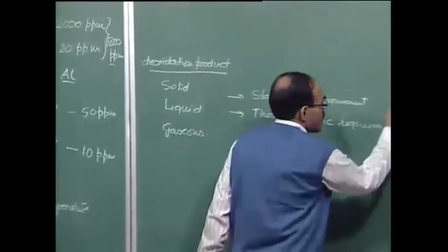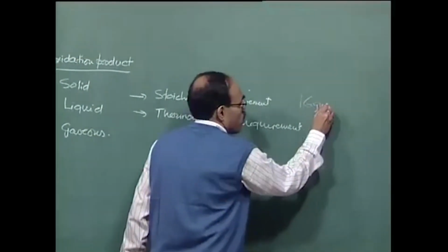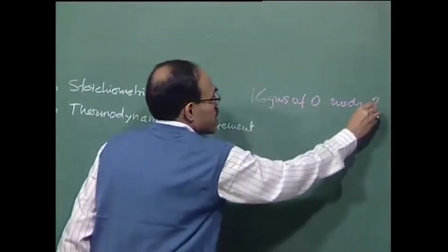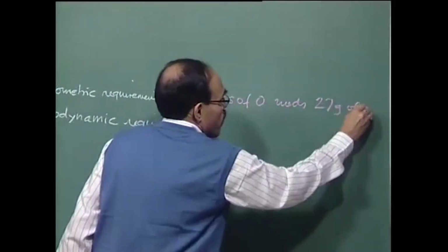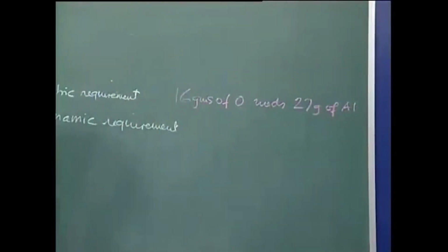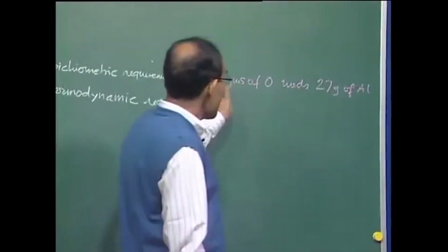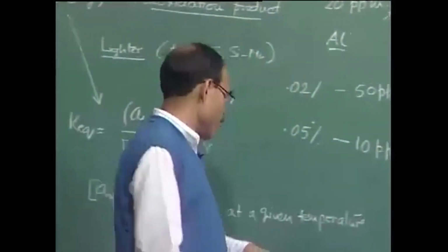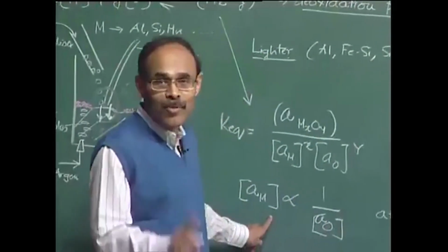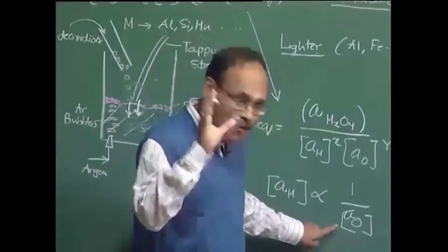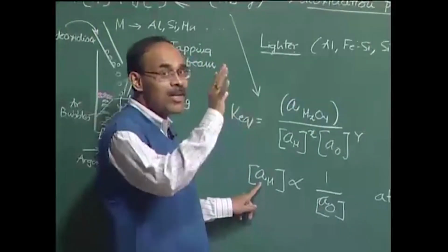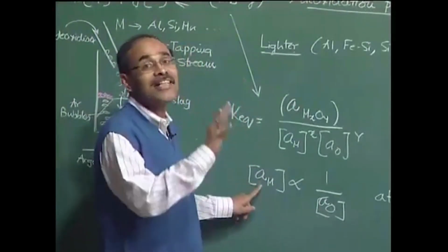16 grams of oxygen needs 27 grams of aluminum, and on the basis of this you will be able to carry out the calculation. So beyond this stoichiometric requirement, we have another requirement to fulfill, and that is the thermodynamic requirement, because I mentioned to you that for a given level of final oxygen, there is going to be some equilibrium aluminum content, or deoxidizer content, in the bath itself.